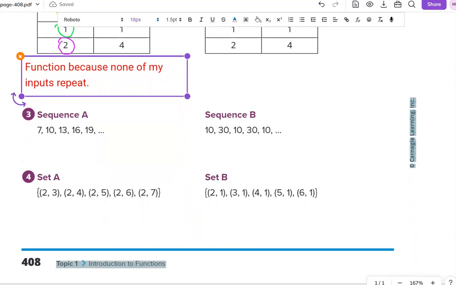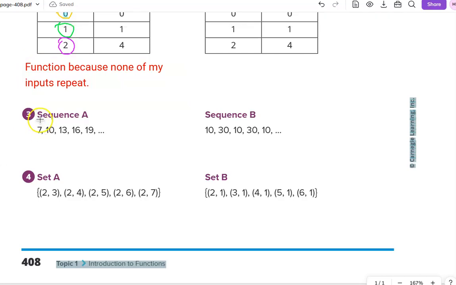Okay, now I'm going to look at sequence A. These are sequences. So this is 1, this is 2, this is 3, this is 4, this is 5. So it would look like this. 1, 7. Sequence 2 would be a 10. Sequence 3 would be a 13. Sequence 4 would be a 16.